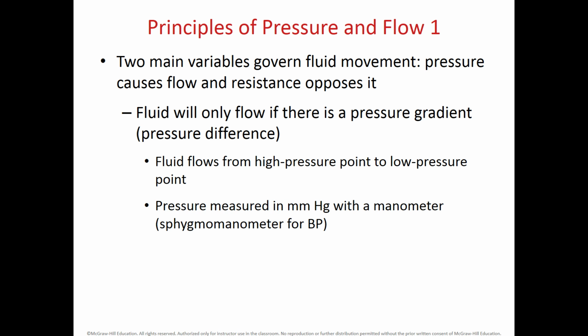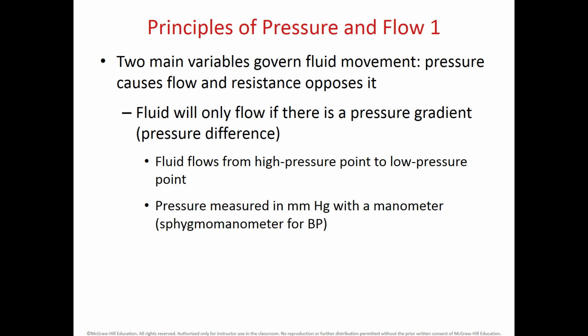You have the pressure that causes the flow of the blood and the resistance that opposes the flow of the blood. And whenever you have a difference in pressure within the different chambers or the different segments of the circulatory system, you will have blood flow.